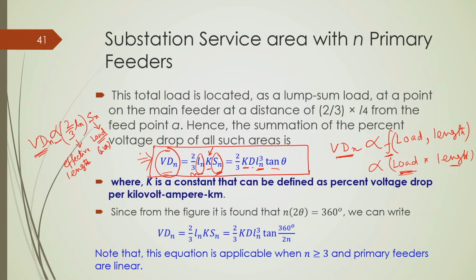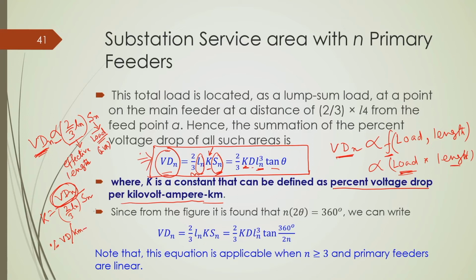Now, what would be the unit for this constant k, since it is the proportionality constant representing the ratio of voltage drop to the multiplication of length and load? Since k is equal to Vdn divided by 2/3 of Ln, the effective length, multiplied by Sn, let us represent Vdn with percentage voltage drop, percentage Vd, and Ln in kilometers or miles.